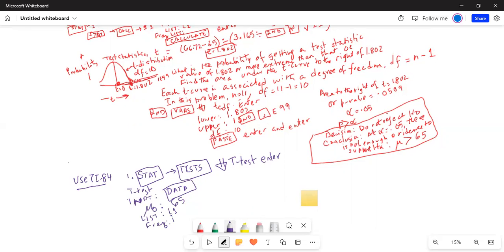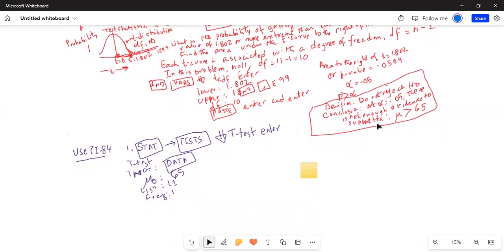And we need to move up further. Okay. Frequency is 1. And then after the frequency, the line is the alternate hypothesis.